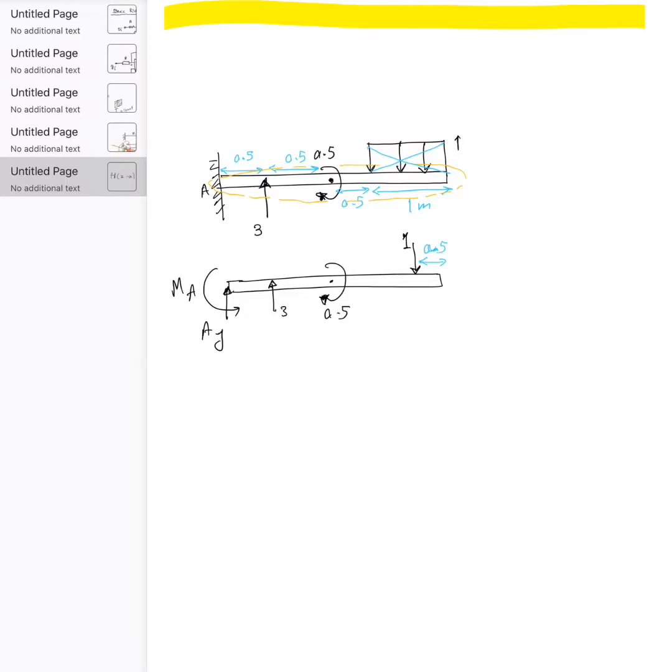Now I'm ready to write the equations of equilibrium and find my reactions.